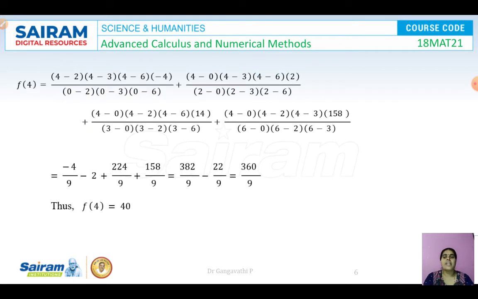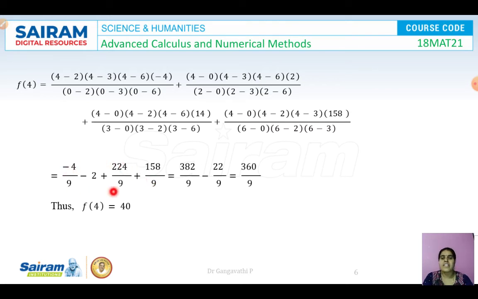Now let us substitute for x0, x1, x and all y0, y1, y2, y3 also. Once we make the substitution, this is the expansion we get. Once we simplify, the first term gives us minus 4 by 9, the second term gives us minus 2, the third term gives us 224 by 9 and the last term gives us 158 by 9.